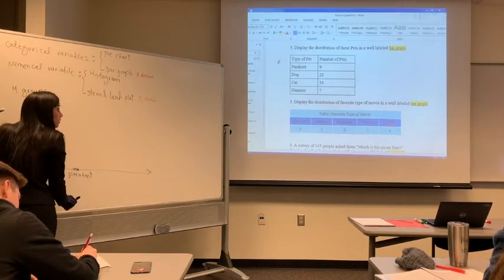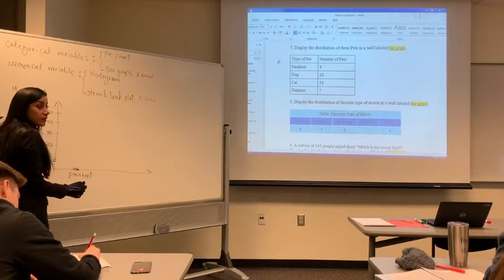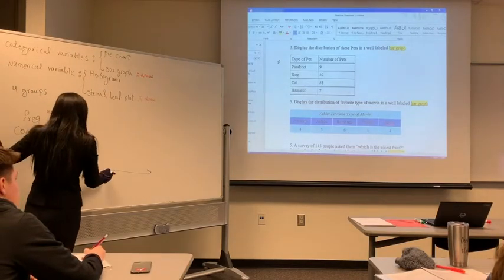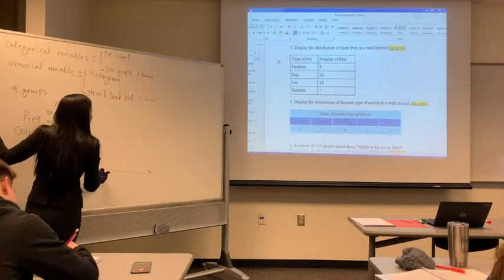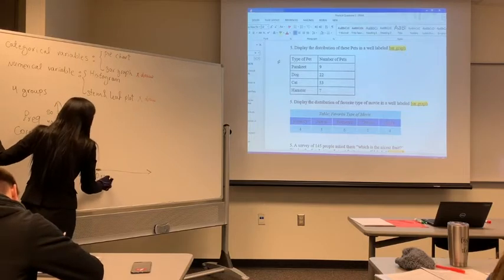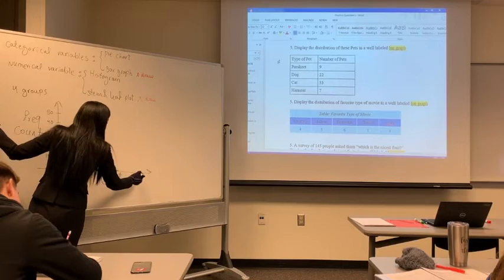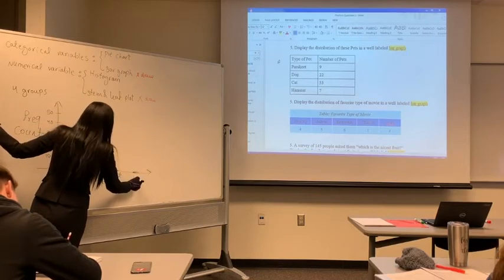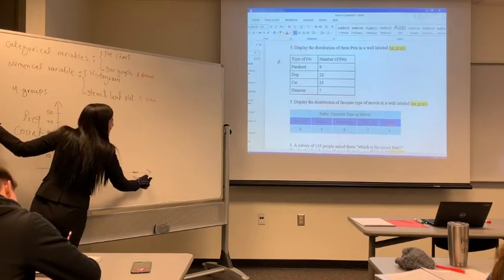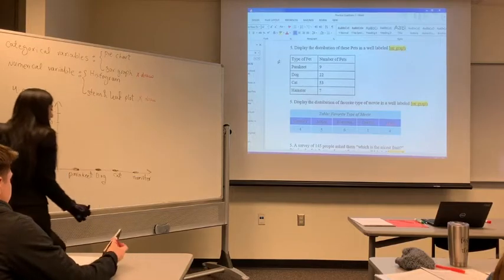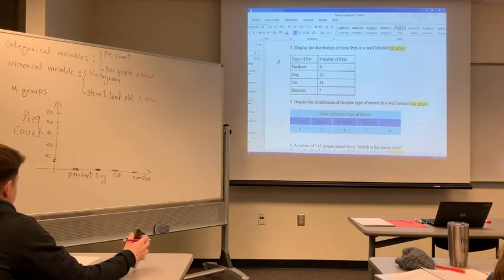What animal is that? Bird? Yeah. Small bird. I didn't know that name. Dog, cat, and then, oh, I know, hamster. Okay, so we have 4 categories, correct? So now I labeled that.